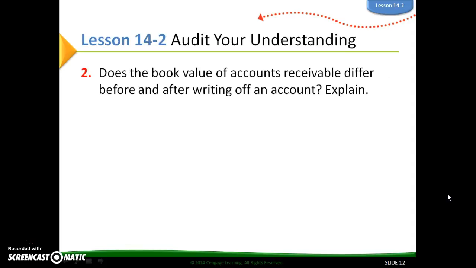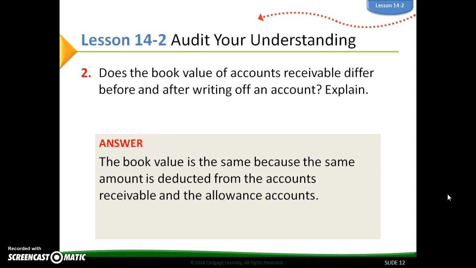Does the book value of accounts receivable differ before and after writing off an account? And we want to make sure we understand what's going on here. The book value is the same because the same amount is deducted from the accounts receivable and the allowance accounts.